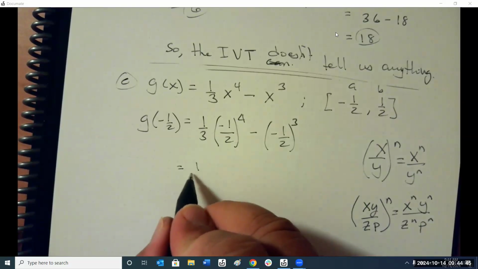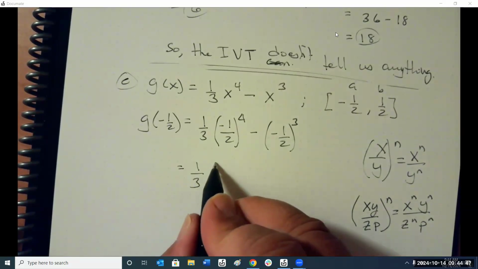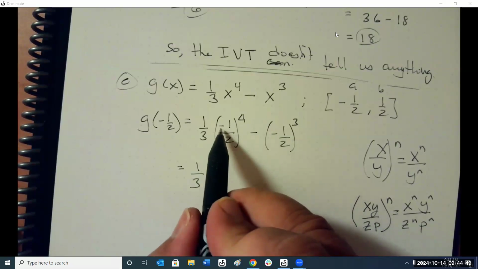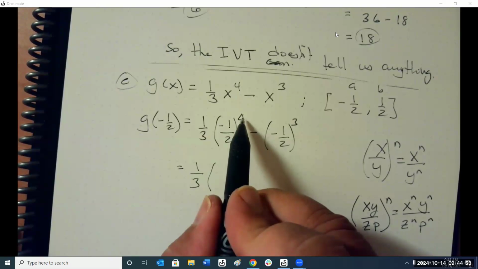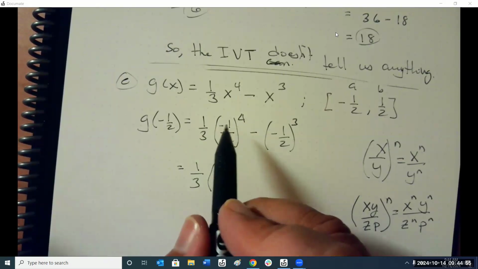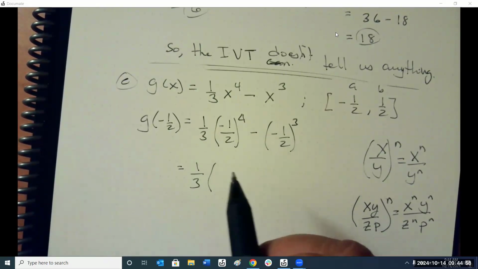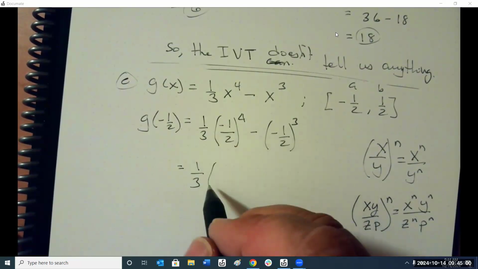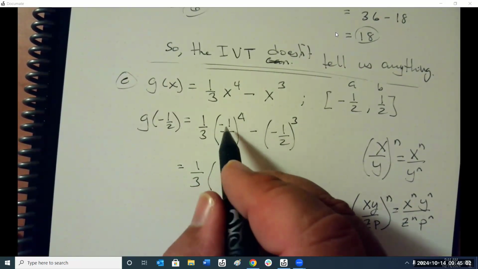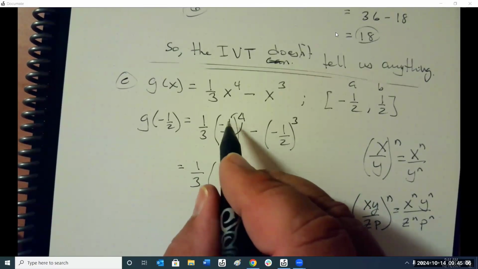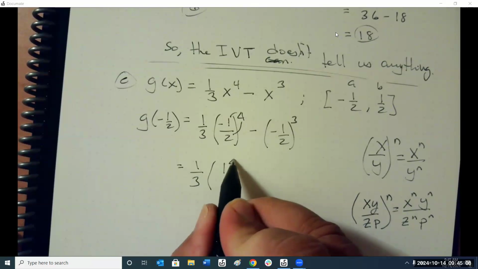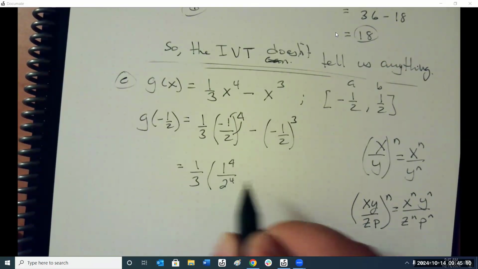So inside the first example, first off, is it positive or negative? Anything to an even power, negatives become positive because negative times negative is a positive. So this is going to become positive. I have 1 to the fourth over 2 to the fourth.